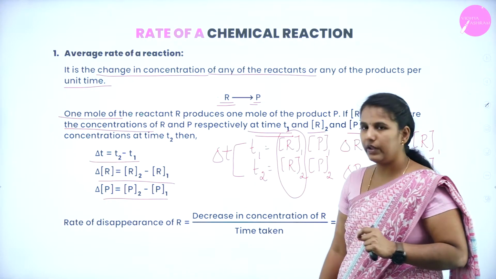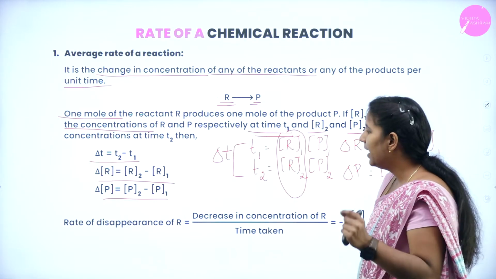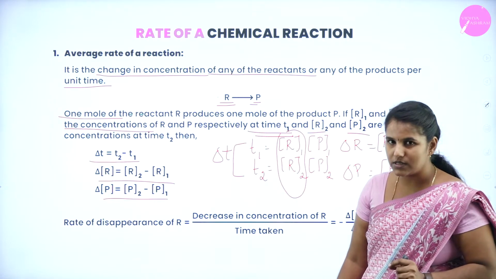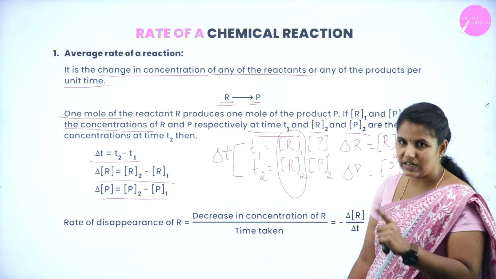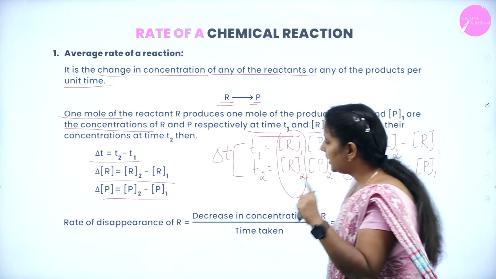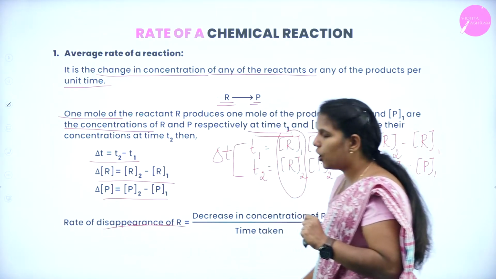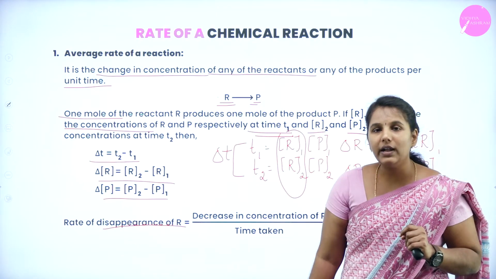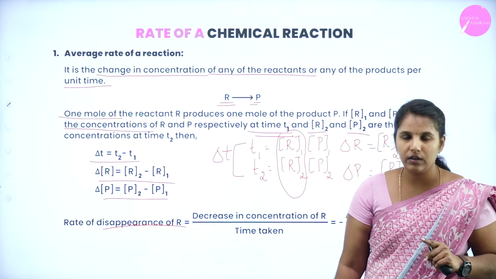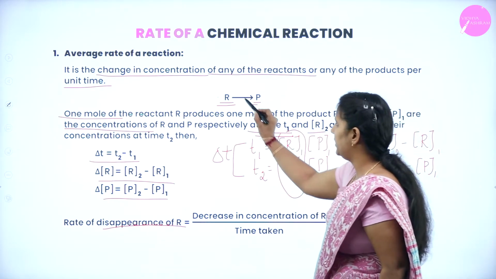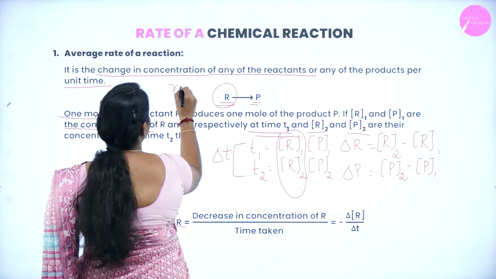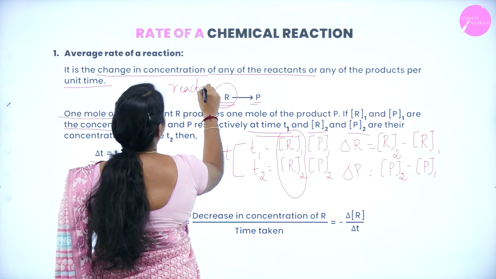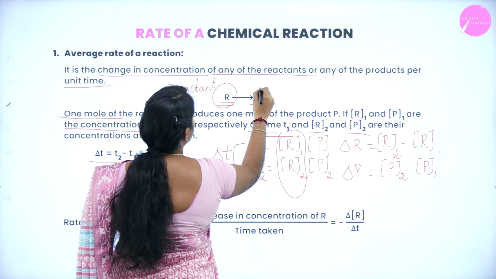This is how we obtain the equation, and finally we can express the average rate of reaction, that is, the rate of disappearance of R. Why is it disappearance of R? We know that R is a reactant, and we know that this is a product.